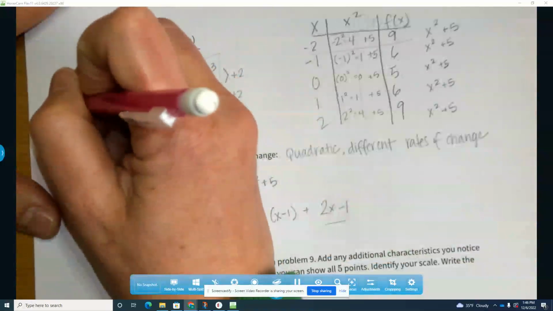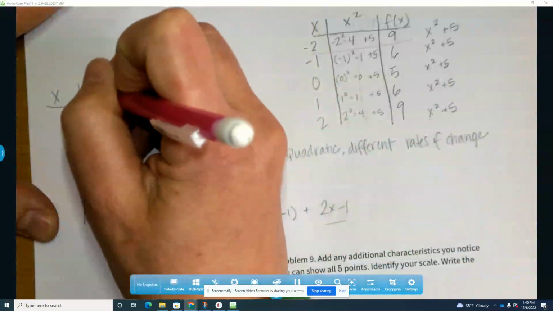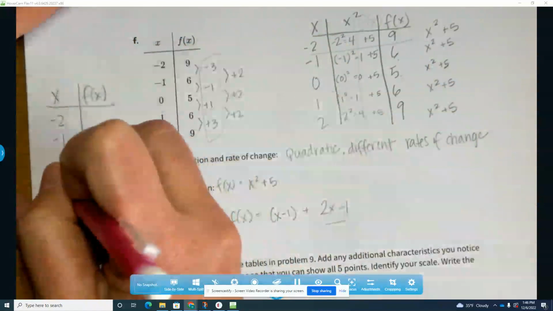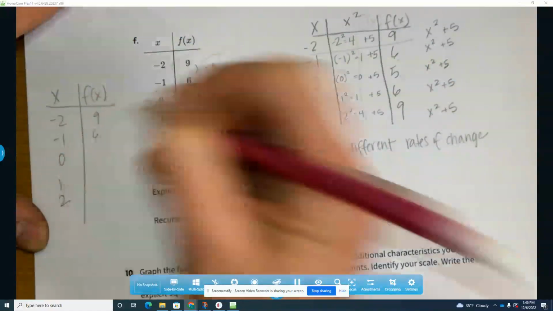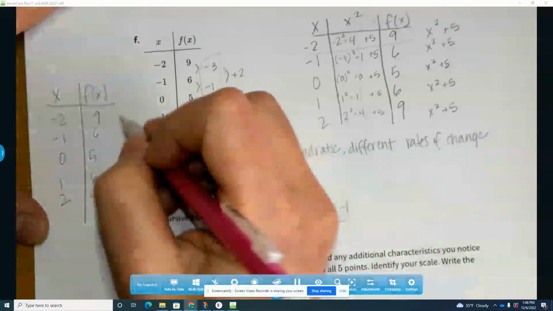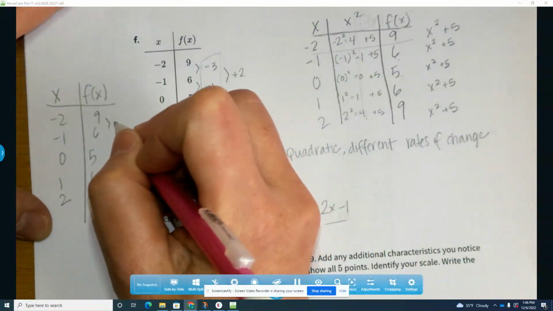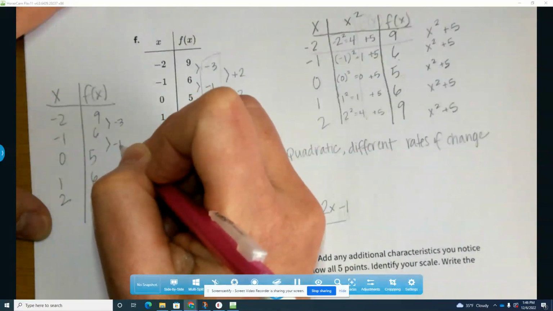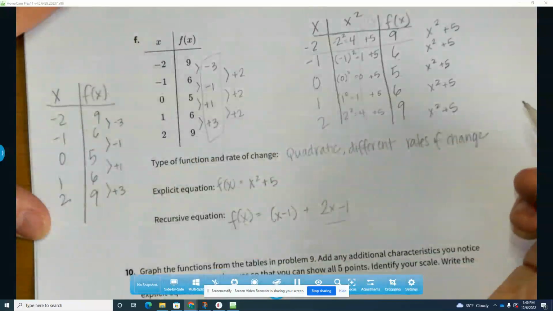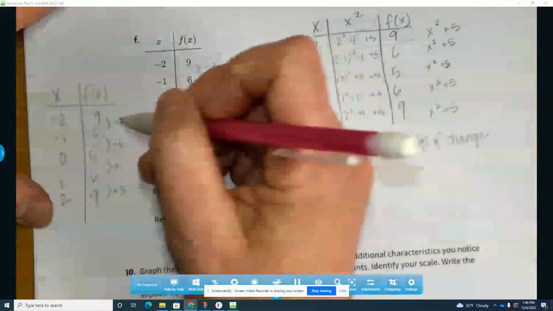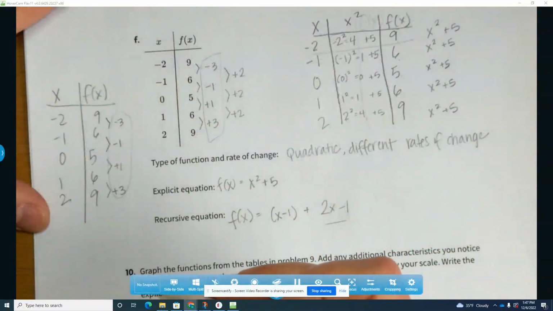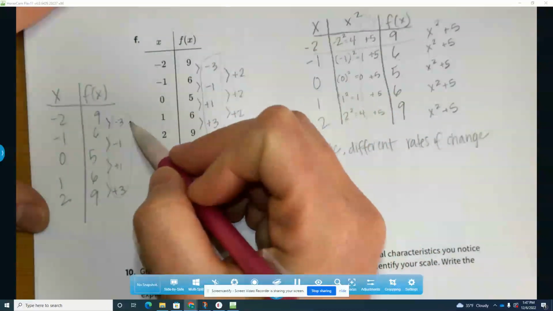Okay, so if we look at this again, we've got a minus 3, a minus 1, a plus 1, and a plus 3. The first term of our first difference is minus 3.